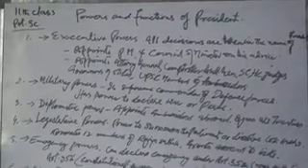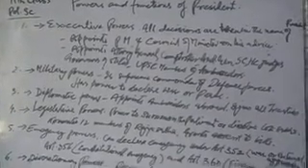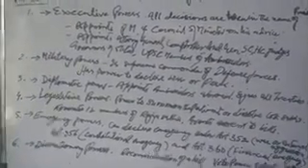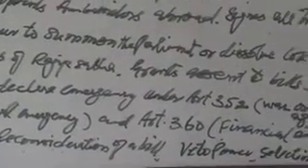In this case, the President has the power to send back the bill to Parliament for reconsideration. The second discretionary power is veto power. The bill passed by Parliament needs the assent of the President.